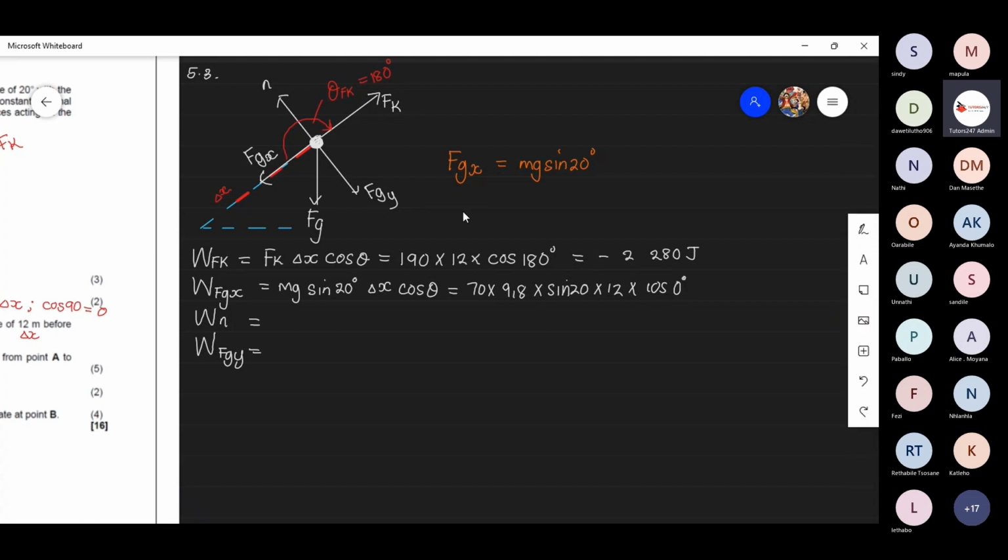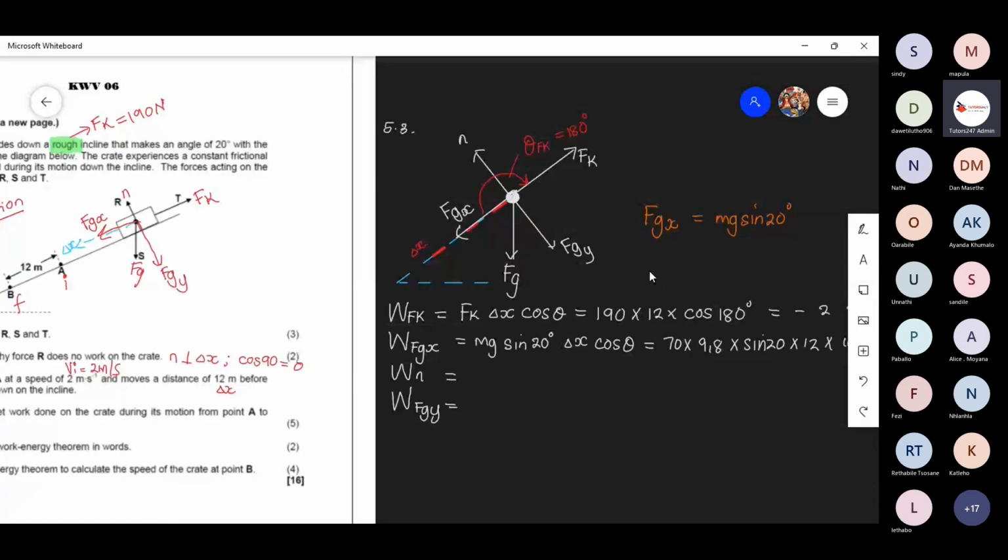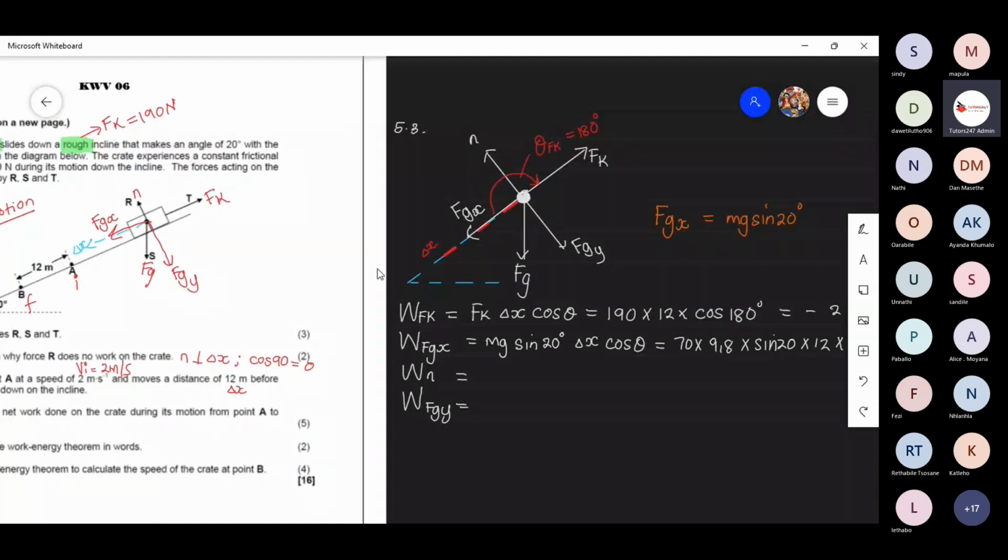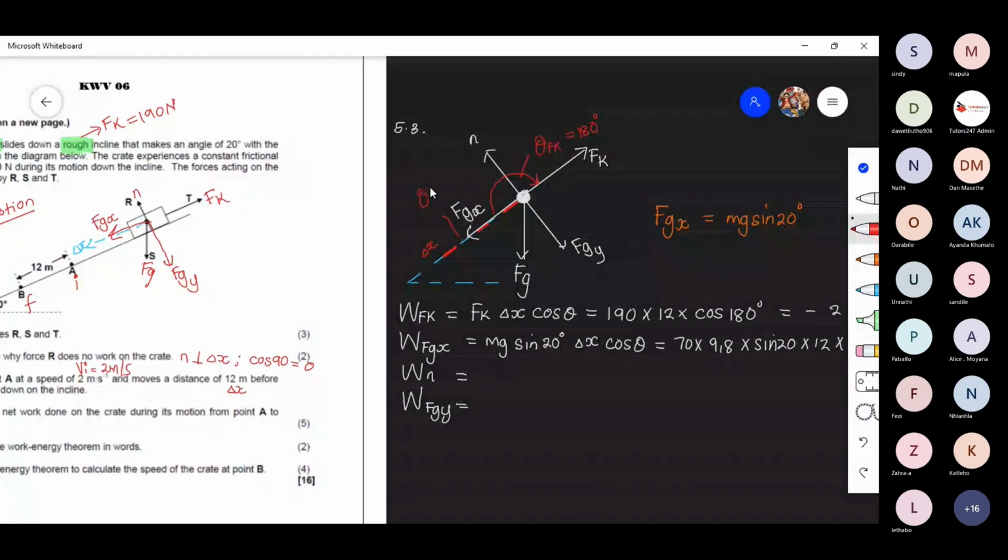Now let's have a look at how I ended up at 0 degrees. In this case, FGX is similar to tension in terms of theta in our previous question. You can see that FGX and our displacement vector are moving in the same direction and are basically on top of one another. So there isn't any space between them.